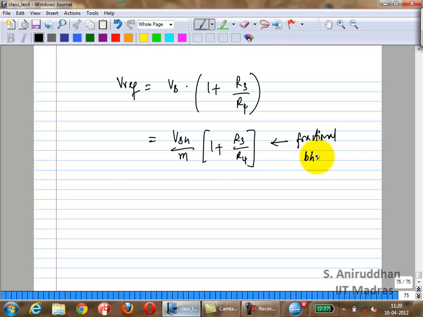Your original band gap was VEB plus some M times delta VBE. So we are just dividing that by M, right? The M factor will not change from what we looked at before and now. Did everybody get that?